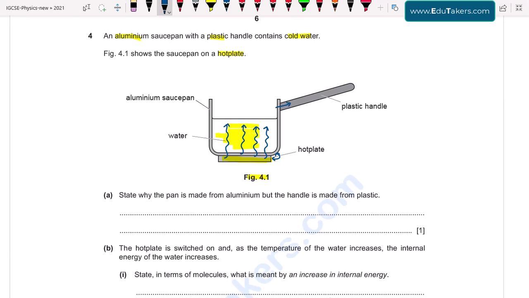That's why the pan is made from aluminium while the handle is made from plastic. So I write here, aluminium is a good conductor of heat, while plastic is a poor conductor of heat.